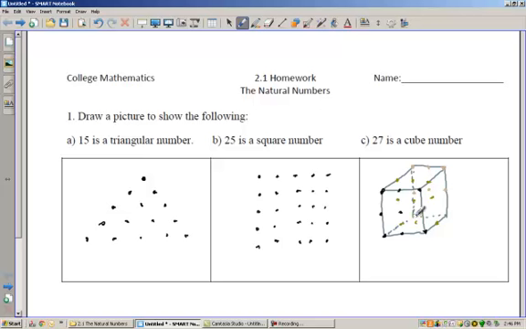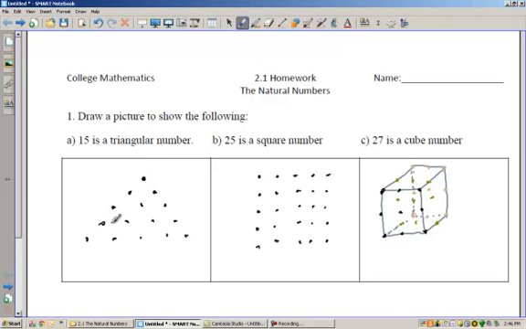So basically you have 3 sheets of 9 dots each: 9 dots, 9 dots, 9 dots for a total of 27 dots, and they line up in a cube shape.